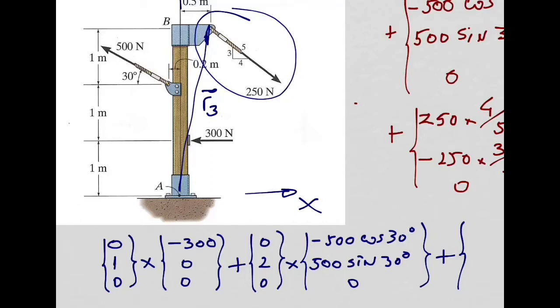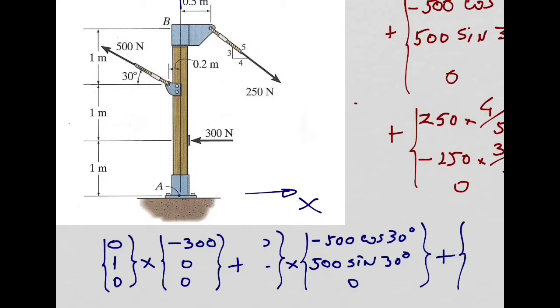Yes? The 500 newton force, do not take into account 0.2 meters. Oh, you're right. Very good. I didn't see that. Sorry. So before we do this, the force is fine. The position vector is not 100% correct, right? So we need to fix this one here.